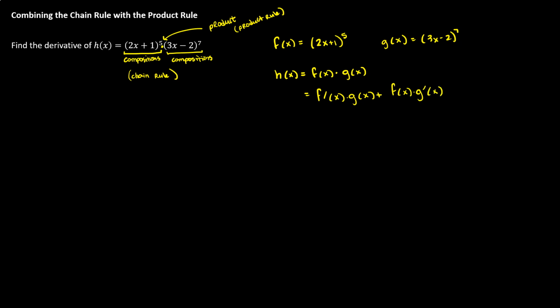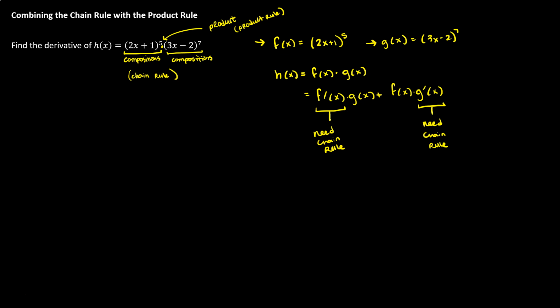But then when we look at f prime, we notice that we need the chain rule, because the f function is a composition. And the same thing when we calculate g prime, we need the chain rule, and that's because g is a composition of functions.